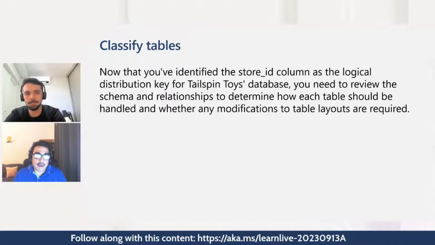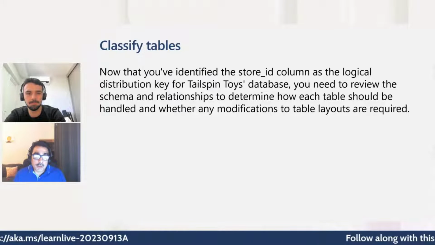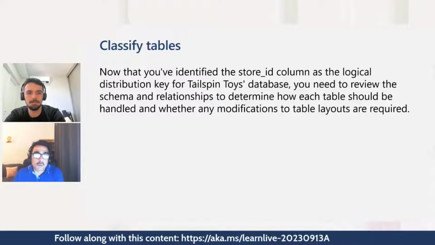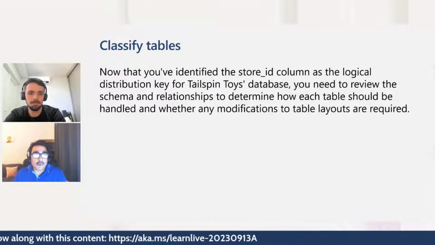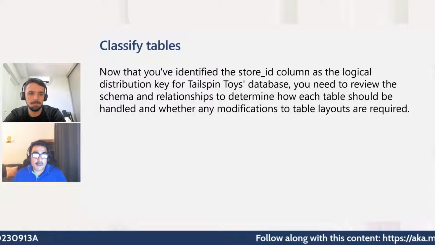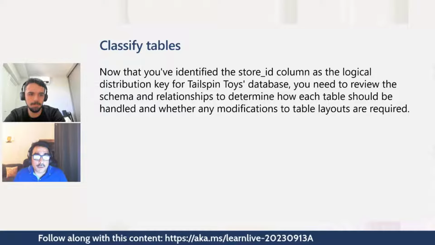Any of the inserts are happening for orders being submitted in a store, and any select query on the data is again happening with a filter of store ID equal to some value. So when we analyzed all the query patterns and looked into the data, we decided on using store ID as the column for the logical distribution key.